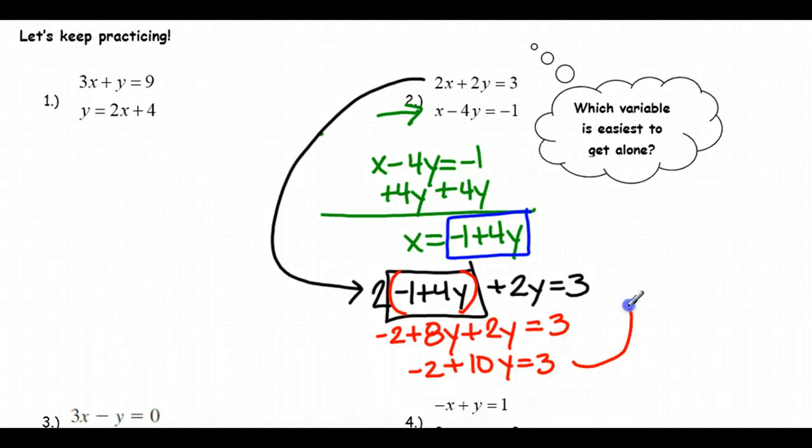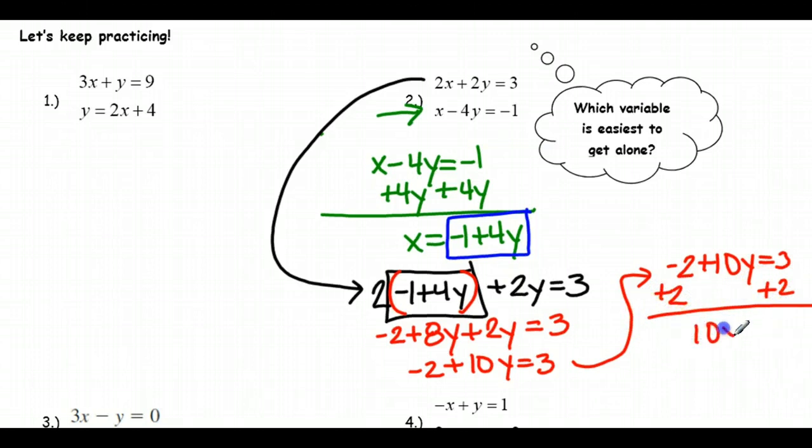I'm running out of room, so I'll just go here. Let me rewrite that: -2 plus 10y equals 3. We add 2 to both sides, so we get 10y equals 5. We divide both sides by 10, so that we get y equals 1/2.